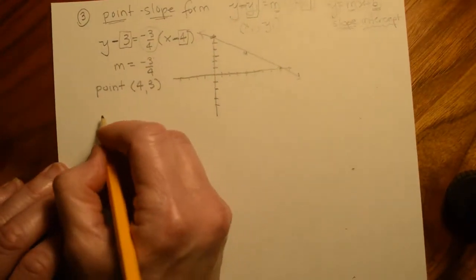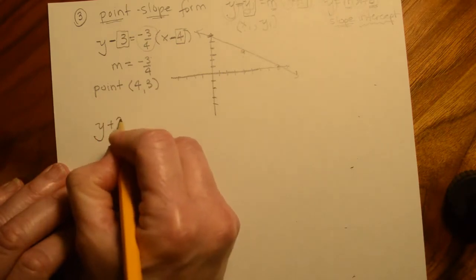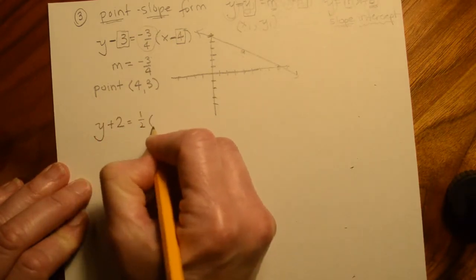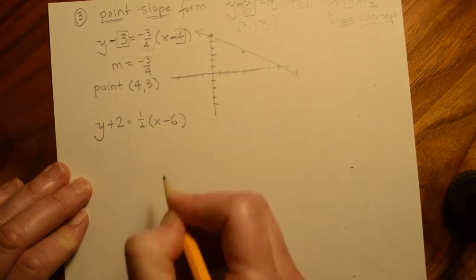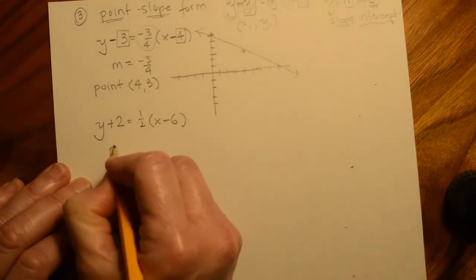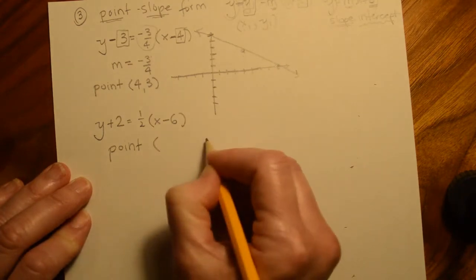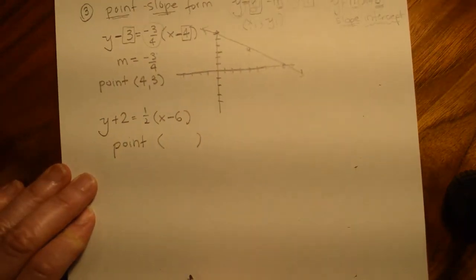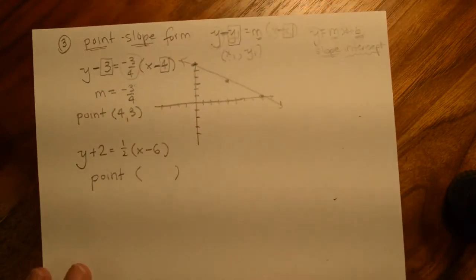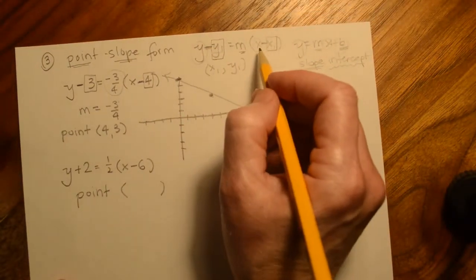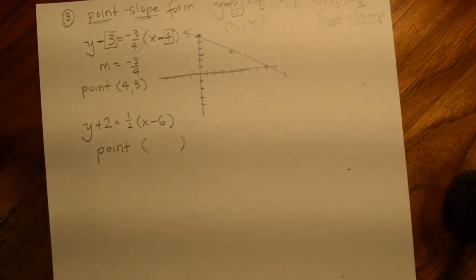Now suppose I give you this, and I say, what is a point on this line? Or what is the point that's given to us here? Think about that for a second. Again, remembering that the minuses should be part of the formula, and if they're not, we have to accommodate that.